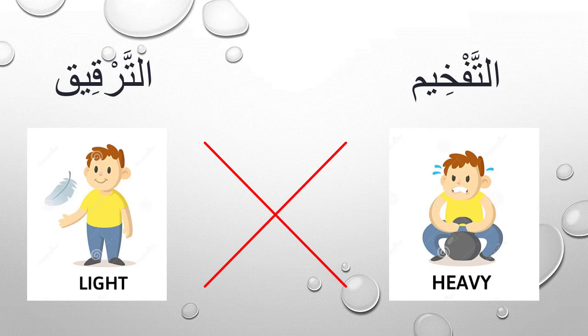That means the letter has to have one of these two opposite qualities. The letter has to be a heavy one or a light one. There are no other options. And for now, let's start with the heavy letters.